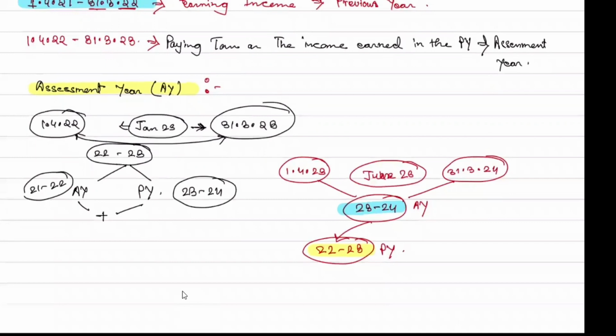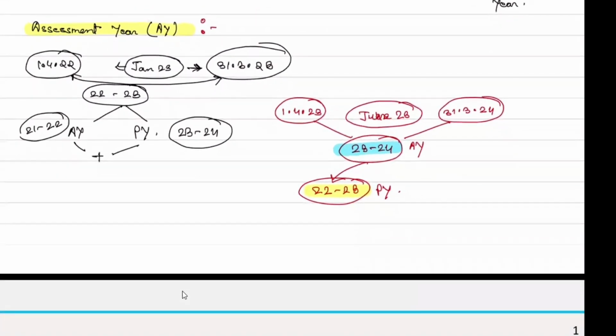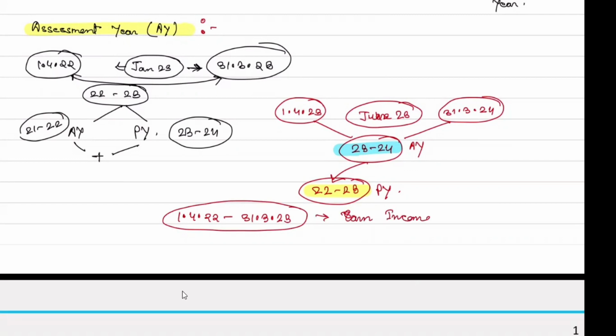Okay, so we are standing in the assessment year 23 and 24, and we'll be calculating income for the previous year 22 and 23. What do I mean to say with the year 22 and 23? That means if Sanjana earns from 1st April 2022 till 31st March 2023, this will be the year in which Sanjana will earn the income, correct?